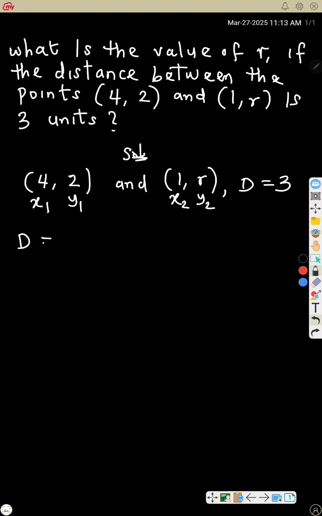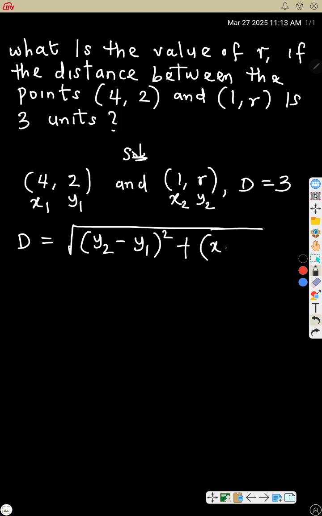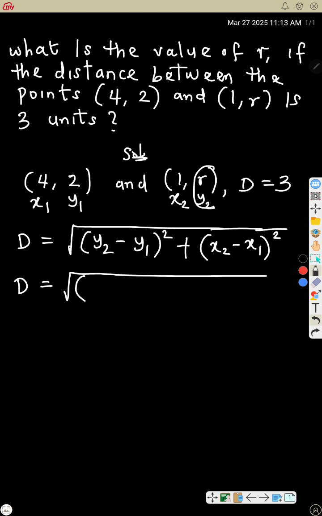Distance is equal to the square root of (y2 minus y1) squared plus (x2 minus x1) squared.